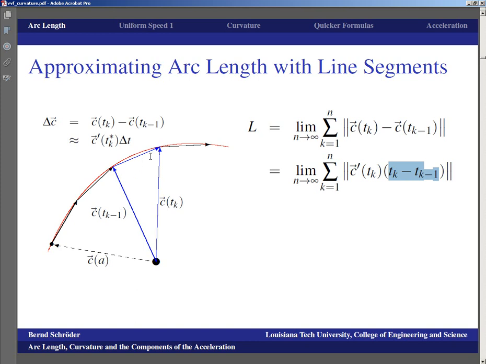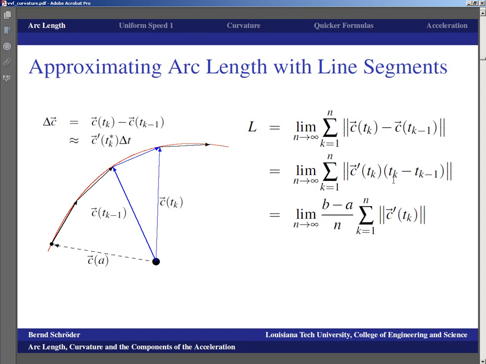As we go from c of t_{k-1} to c of t_k, time goes from t_{k-1} to t_k. And rather than taking a c prime of t_k star, I used a c prime of t_k. As long as I use something inside the interval, that ought to work out.